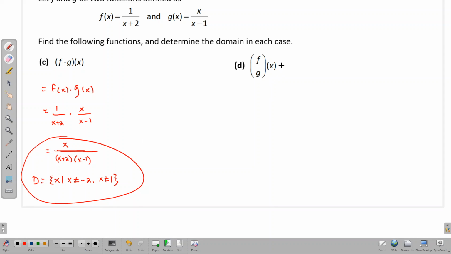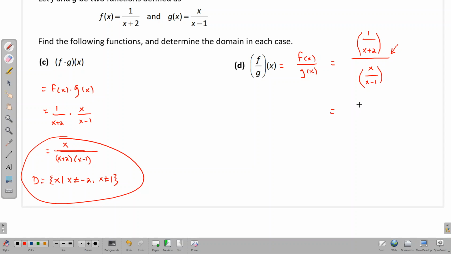All right, so that takes care of multiplication. Let's look at division. This one is not bad, but we do need to be careful here. So this says f of x over g of x. Now, you could write it out as a complex fraction here. So this is really what it says, f divided by g. But we know that division means multiply by a reciprocal.